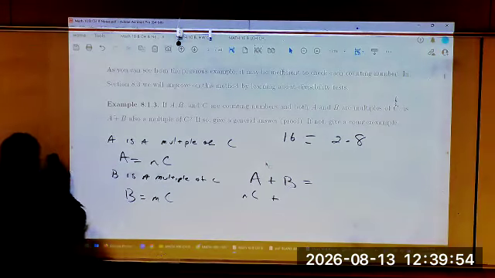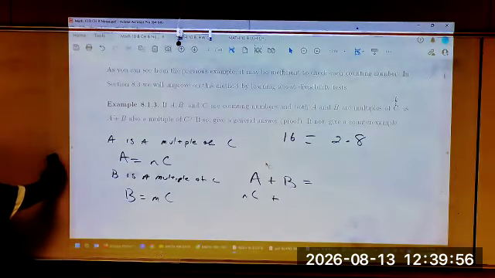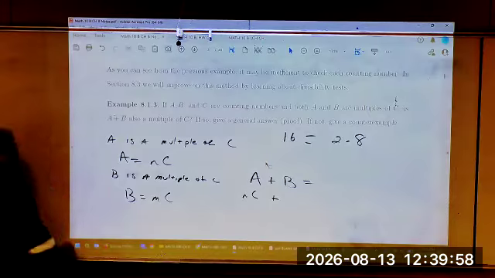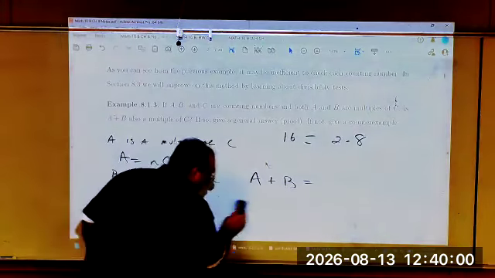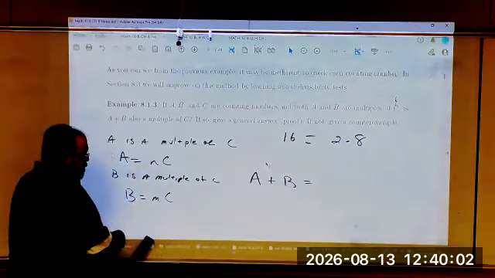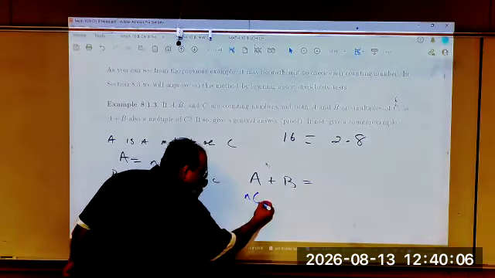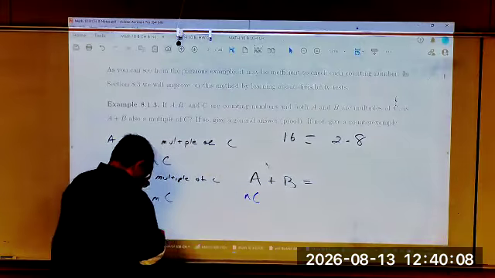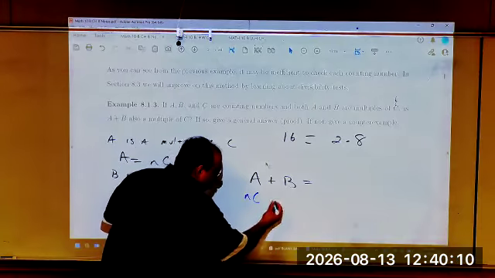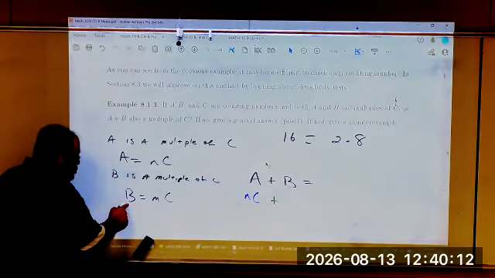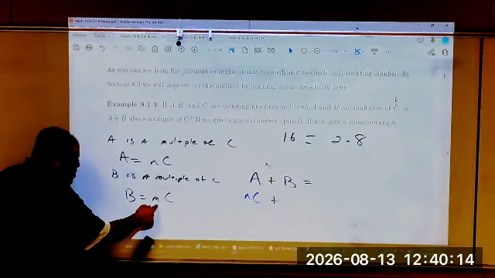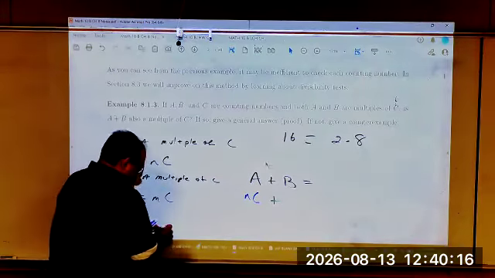And I'm going to switch colors. And all I'm doing is a little substitution. N times C. And then plus B is a multiple of C. So that's some number M times C.